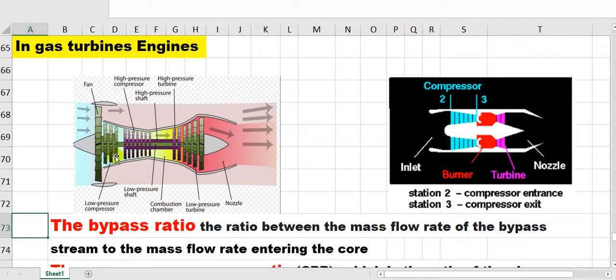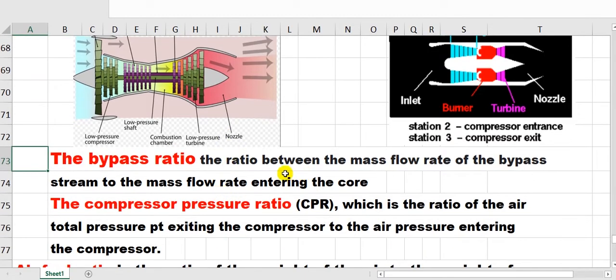But this part is called the core. So the air enters the core and the air enters the bypass stream. The ratio between the bypass over the core, we call this the bypass ratio. The bypass ratio is the ratio between the mass flow rate of the bypass stream to the mass flow rate entering the core.